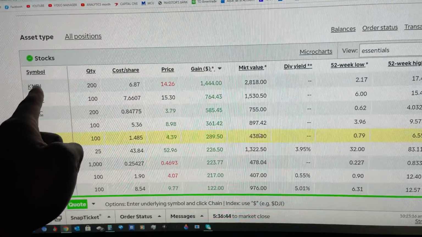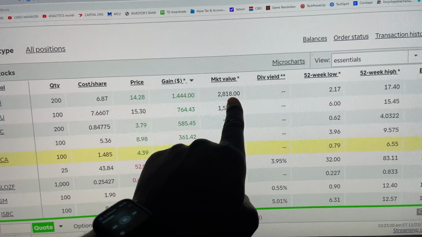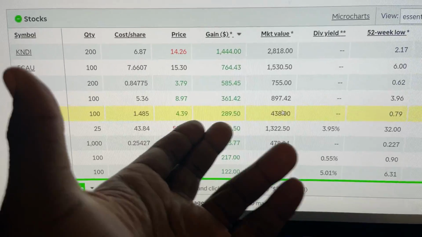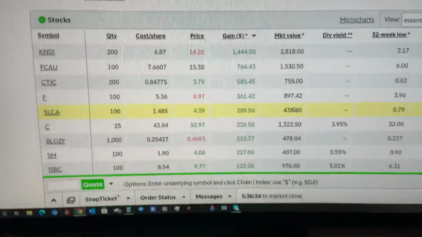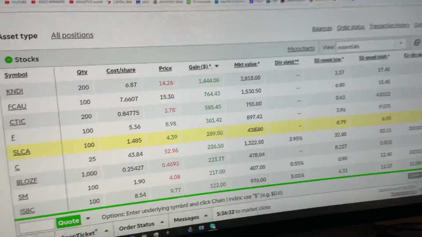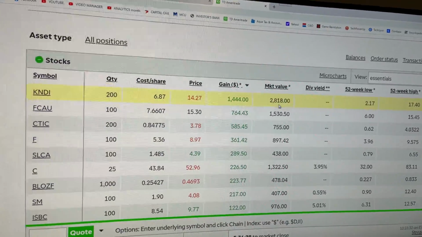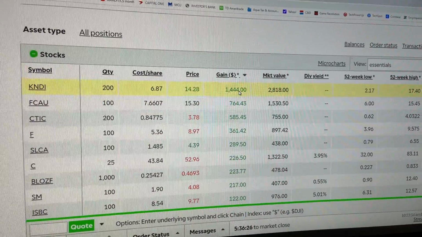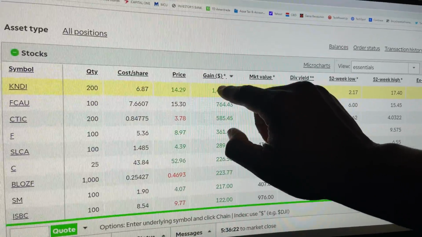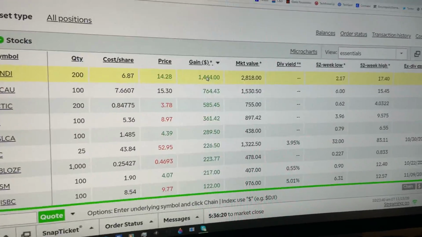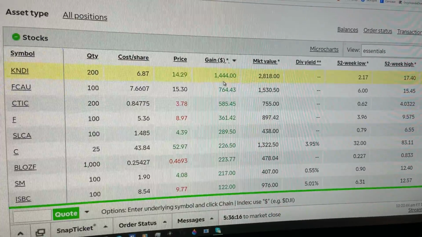So if I sell all of my CTIC right now, I would get $2,818, but I put in a lot less than that, because I put in 200 times $6.87, if you understand what I'm saying. So again, $2,818 minus $1,444 tells you how much money I paid. But I made $1,444. I hope that makes sense to you, because I know some of you never traded before.